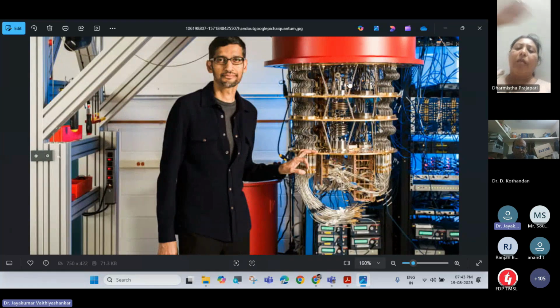This computer is made up of gold, copper, mercury, whichever material has superconducting property; they use those materials to construct this type of system. You can see the topmost layer, red color, which will cover this entire quantum computer. This computer does not contain any keyboard, mouse, or monitor.